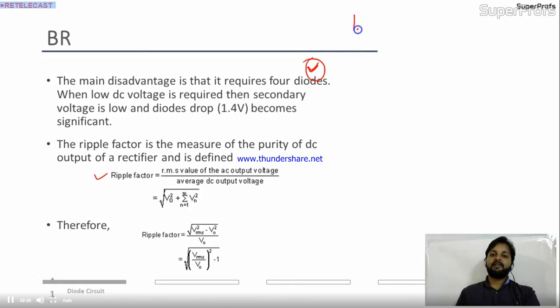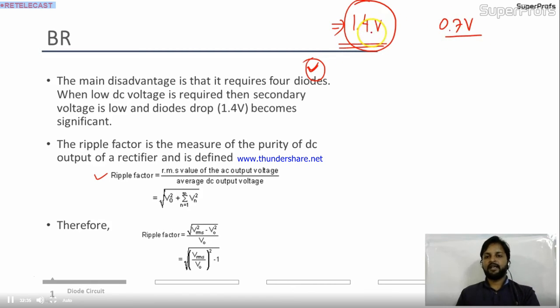In one cycle you will lose 1.4 volt, because in one half you encounter 2 diodes, each with 0.7 volt drop. For 2 you will get 1.4 volt. So this is a disadvantage when low DC voltage is required, when the secondary voltage is low, as I told you. So the ripple factor is the measure.